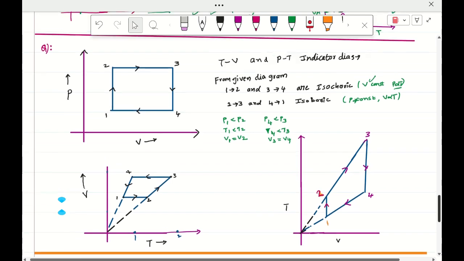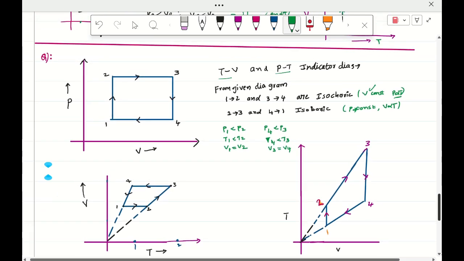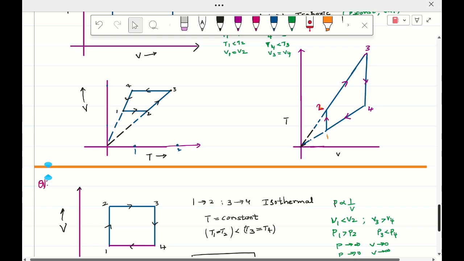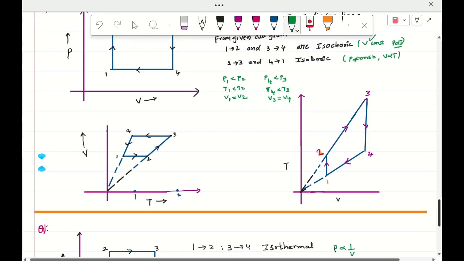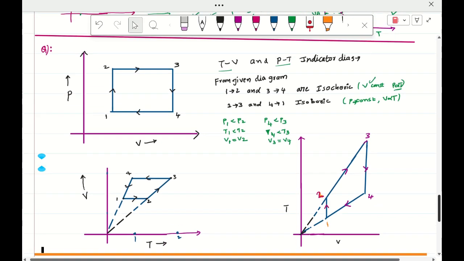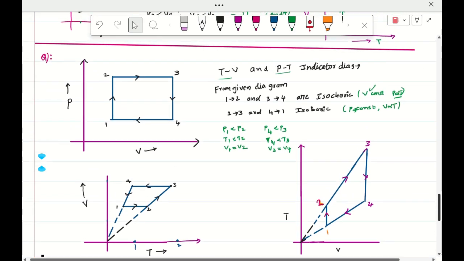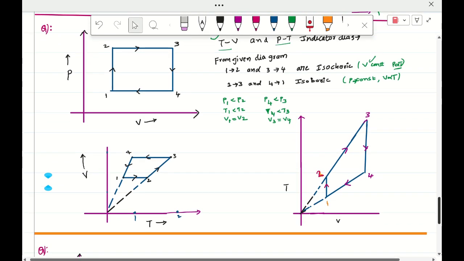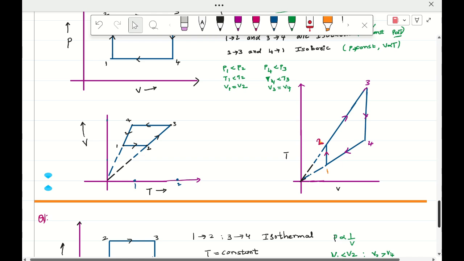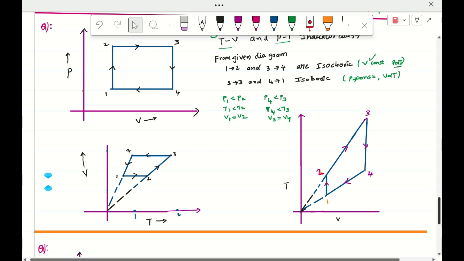So now it is asking to change into a TV graph and a PT graph. The TV graph I will explain, PT you try, right? You people try to understand. Here they are asking the TV graph, but I have done the VT graph also for understanding. From the given data, if you see the graph, this is P1, this is P2, this is V1, V2, this is V3, V4.